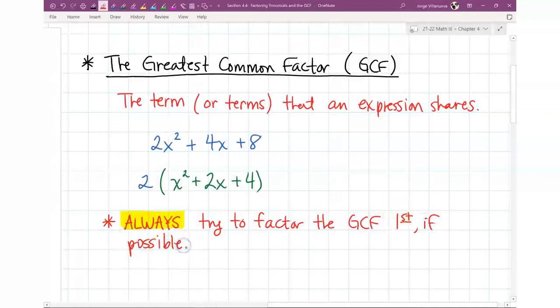Because if you can factor something out from your problem, it usually makes your problem so much easier to do. Okay? So if you can factor it, it makes it so much easier to do. Just to show you an example of something like this, and then we'll do some actual examples from your homework.